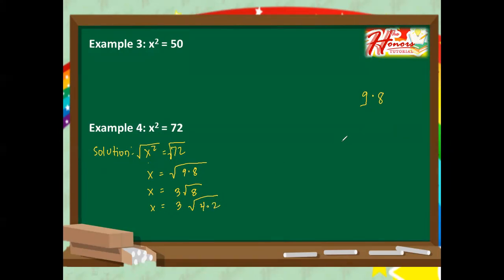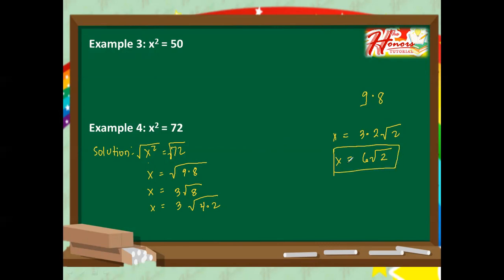So let's write it here. X equals 3 times square root of 4, that's 2. So square root of 2 because 2 doesn't have any exact square root, meaning a whole number square root. So we have here x equals 3 times 2, that's 6 square root of 2.